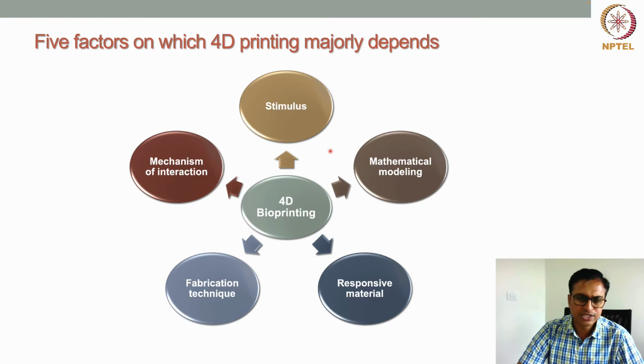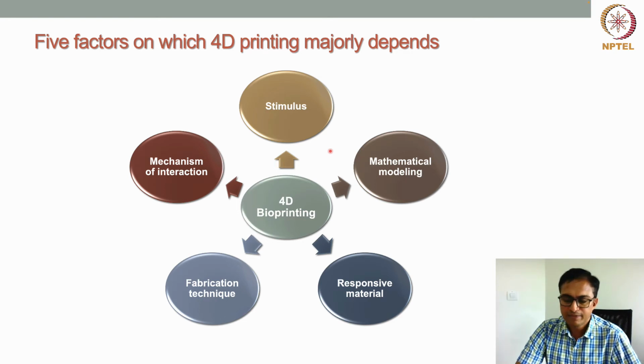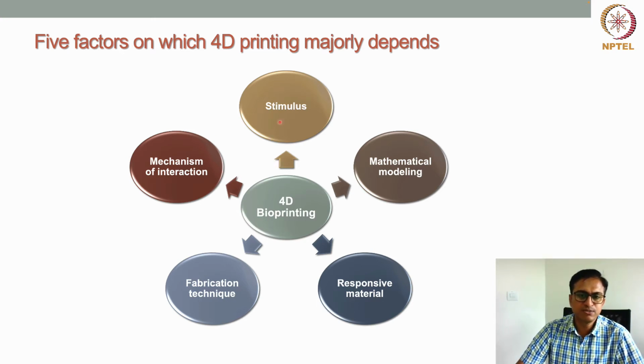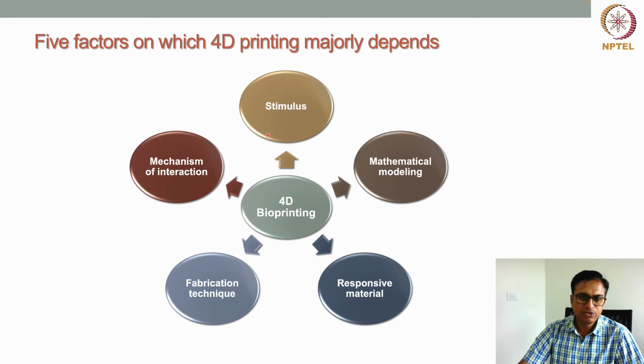Now the next thing, let us discuss the different factors that are responsible for 4D bioprinting or post-printing changes. Like, what are the different ways we can control the 4D bioprinting process? As we have said, different stimuli can be applied. Suppose we print a structure, and then we provide some stimulus.